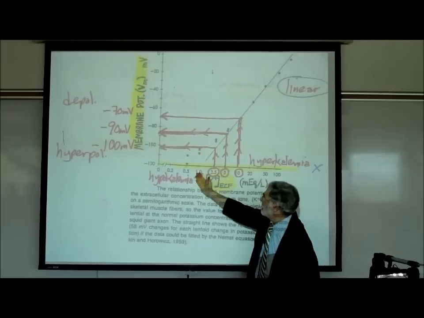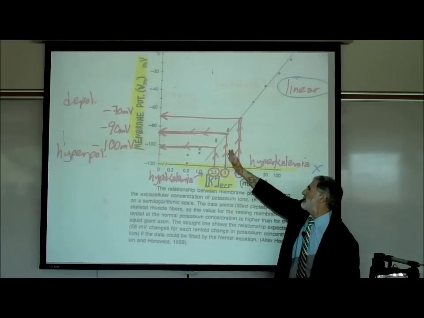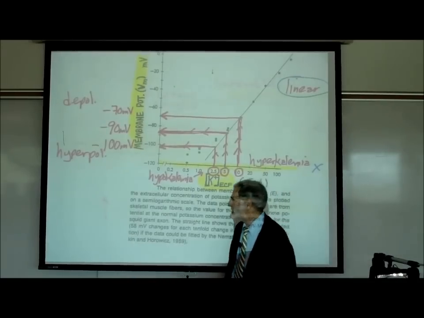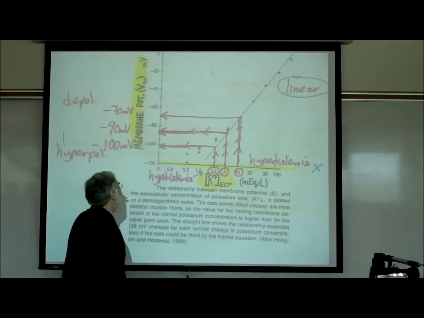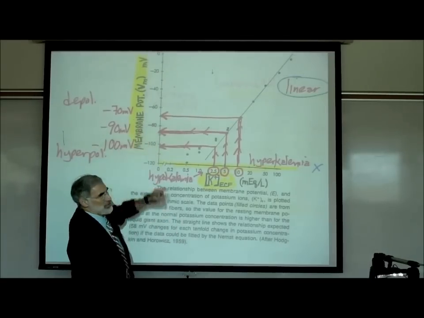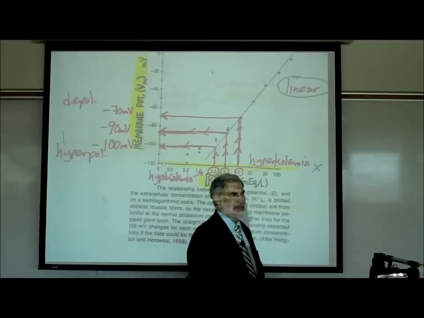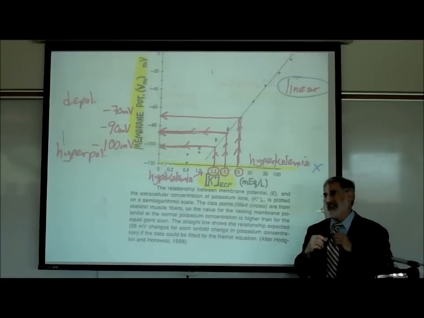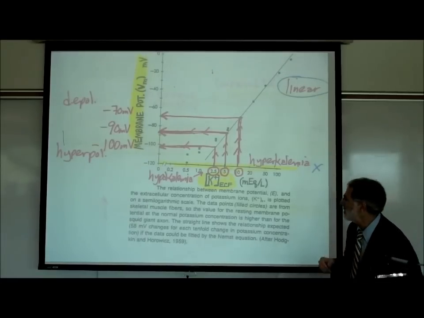So it's got 1 milliequivalent per liter, 2.5, 5, 10, 20 milliequivalents per liter. And what's on the y-axis? On the y-axis is the membrane potential in millivolts, the voltage of the cells. Because potassium determines the voltage of all the cells in the body.